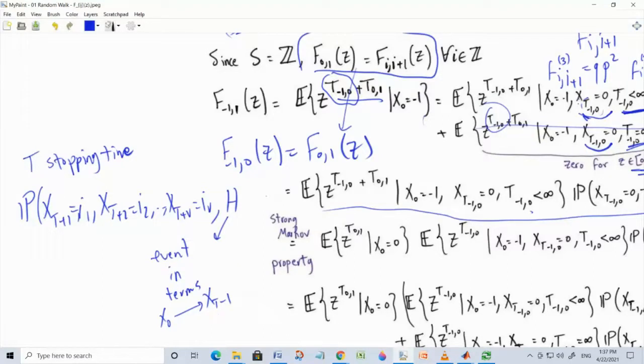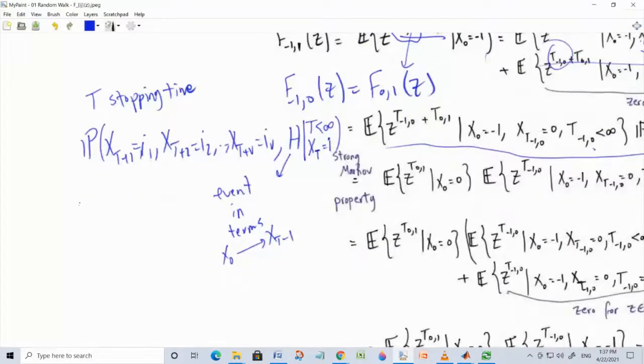Okay. And you want to compute this probability given that t is less than infinity and that x of t, this stopping time, is equal to I.